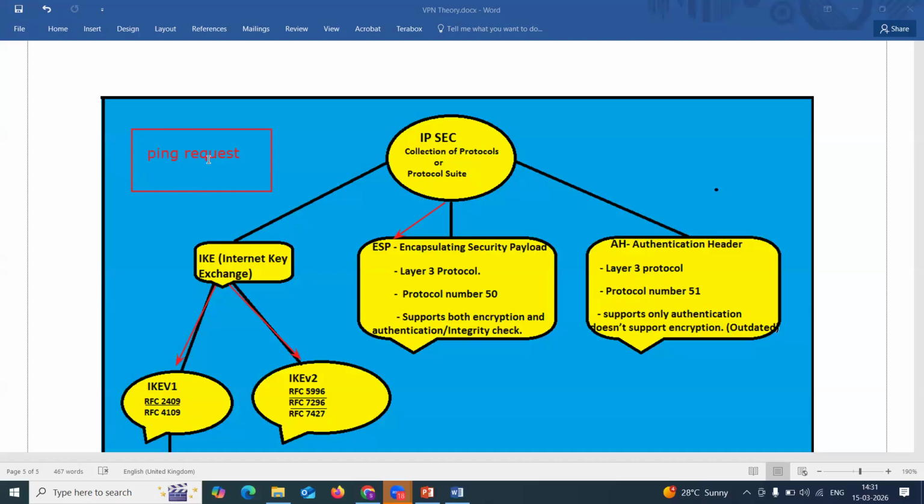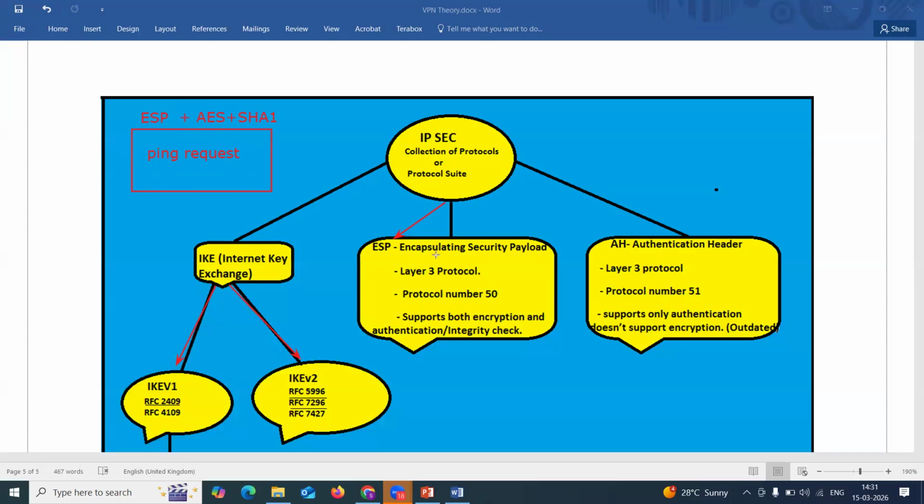So the ping request is your payload information, and this is encapsulated by the ESP protocol. And with ESP, I'll apply AES plus I'll apply SHA-1. So with ESP, I can apply encryption and I can apply hashing. It means this can be encrypted and a hash value can be added.